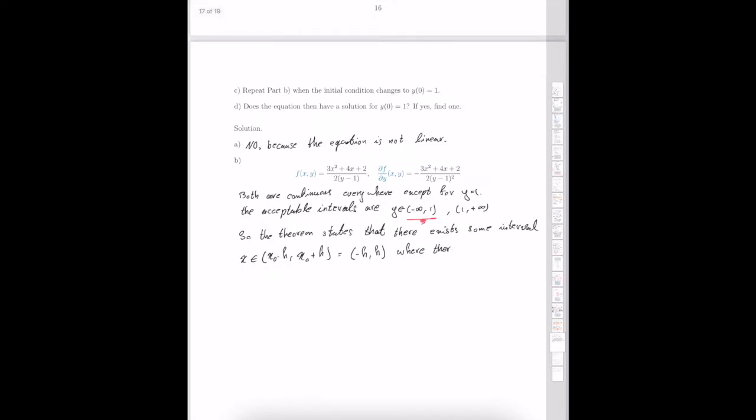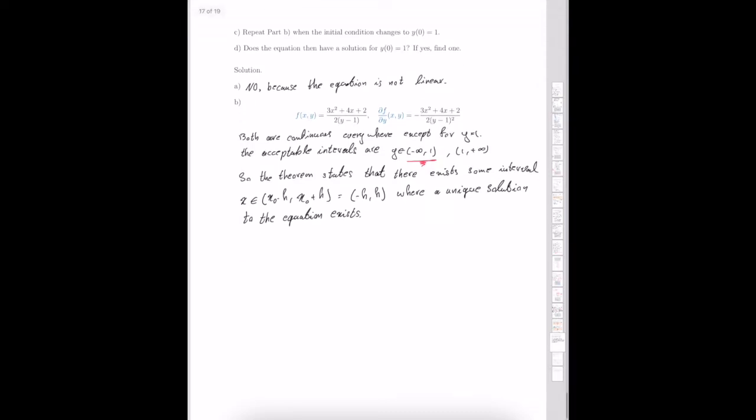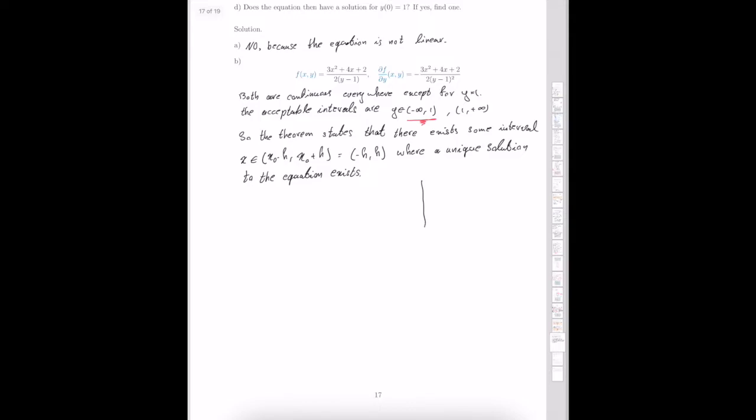Or let me just write it down in this way. A unique solution to the equation exists. Okay, so let me draw this. Oops, it's good to have this tool.